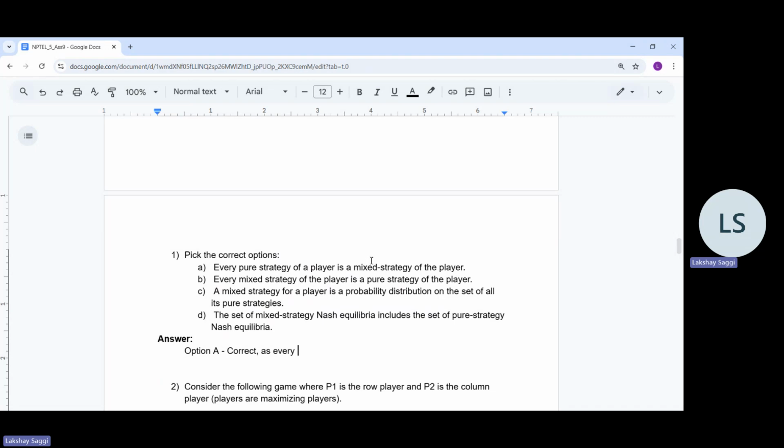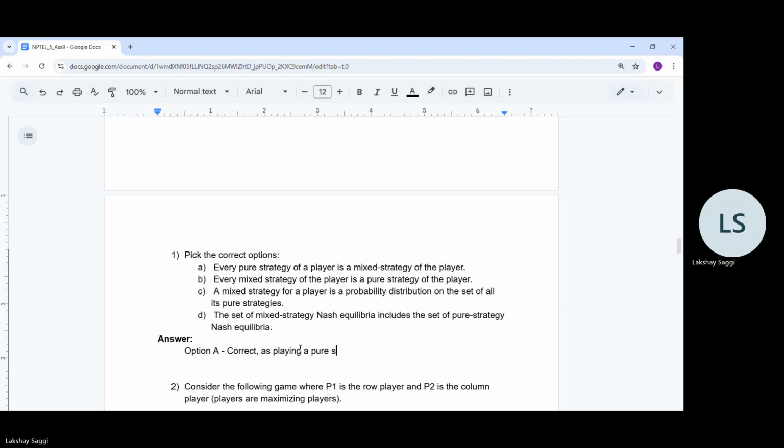Suppose there are k strategies for a player, s1 till sk. If you have to play the pure strategy si, then the mixed strategy vector will be: play si with probability 1 and all other sj with probability 0.